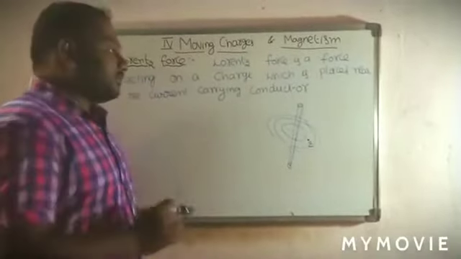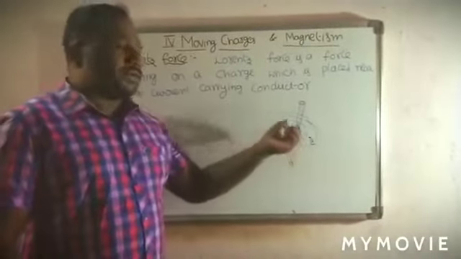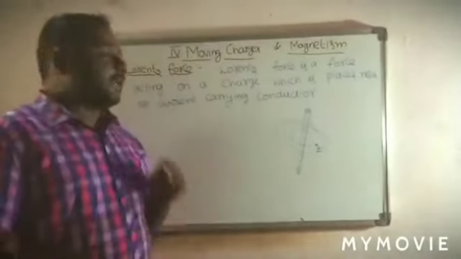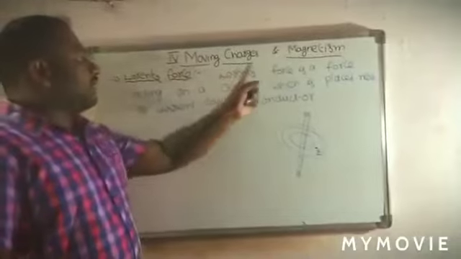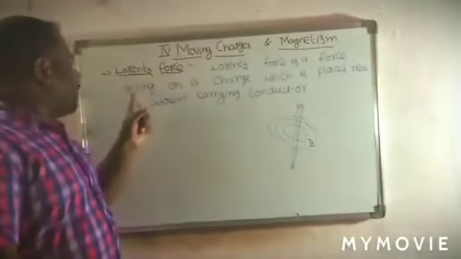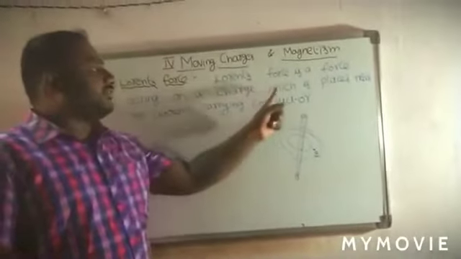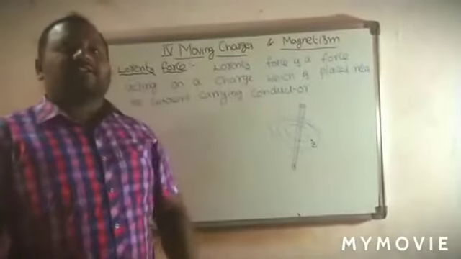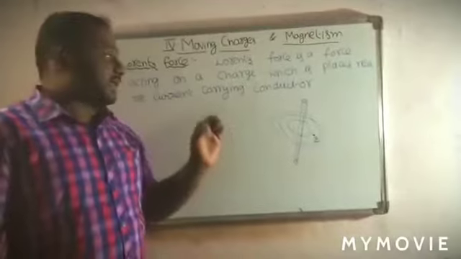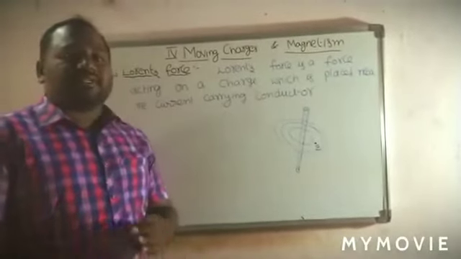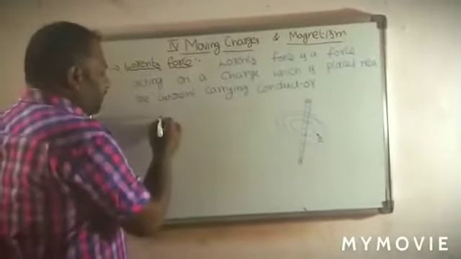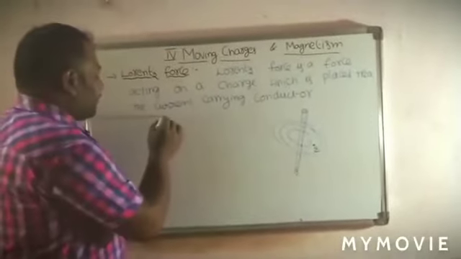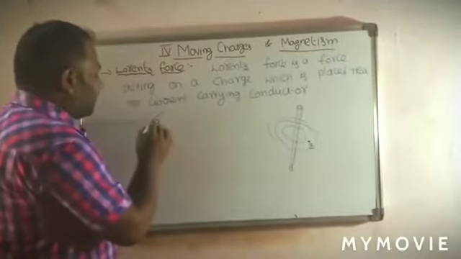Now we are going to write the expression for the Lorentz force. The Lorentz force is a force acting on a charge which is placed near the current carrying conductor. If a charge is stationary, we know that around this charge a field is there.